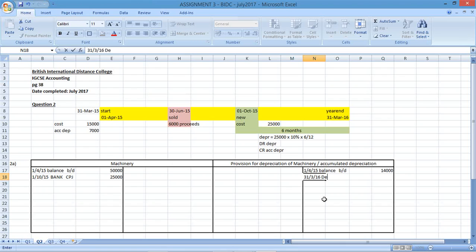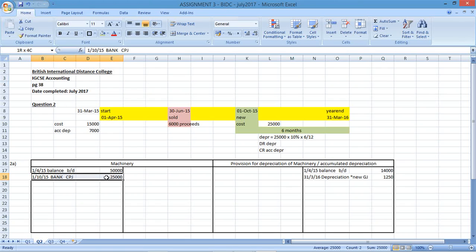I'm going to show depreciation, and this is asterisks for the new equipment. Obviously general journal, and it's going to be an amount of 25,000 times 10% times 6/12 gives me 1,250. That's the depreciation that would have arisen on the new asset that you've bought.